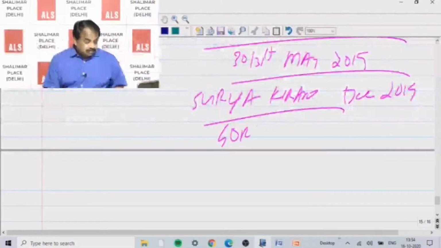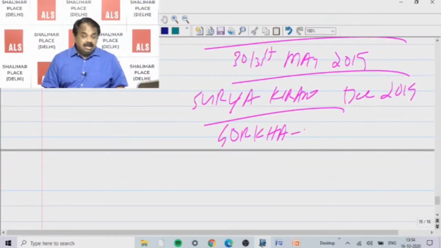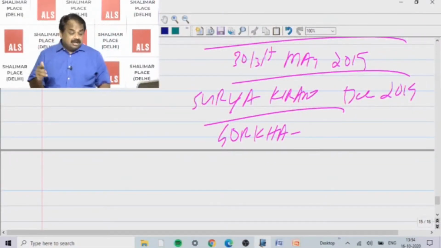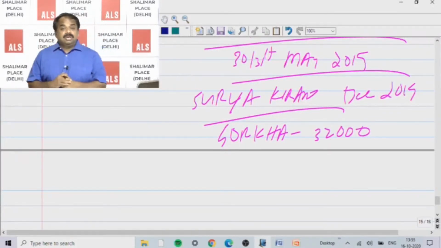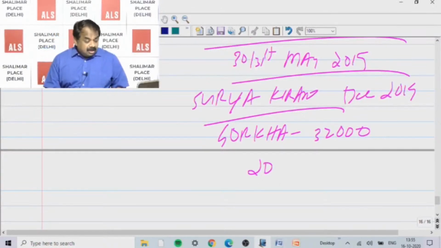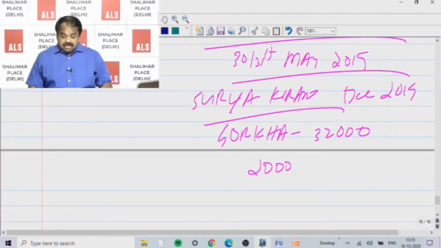And the Gorkha regiment in India, which is a British system which we continued, has approximately 32,000 Nepali soldiers, and every year we are recruiting around 2,000 Nepali citizens into the Gorkha regiment. That is a big thing.